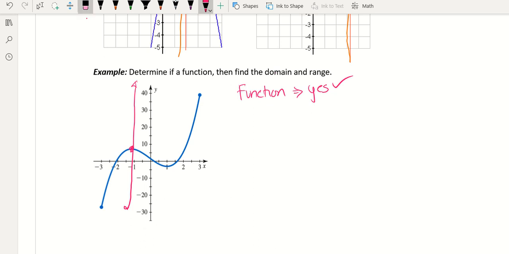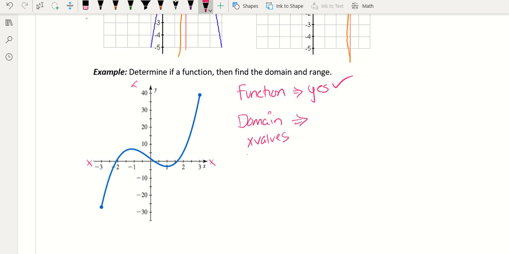But my next part of the question is asking for the domain. The domain is all of your x values. Your x-axis is here. You look at where the graph starts on the x value and where it ends.